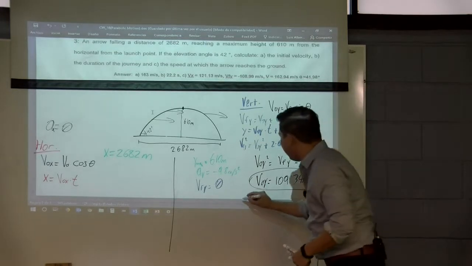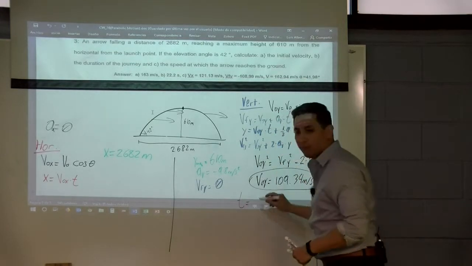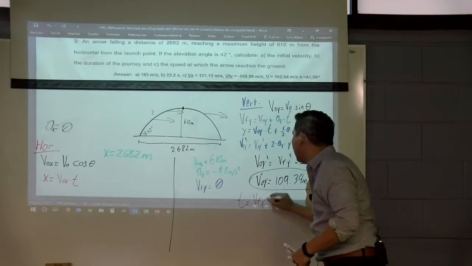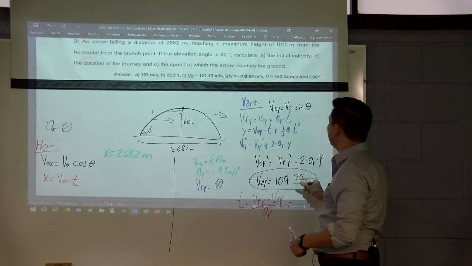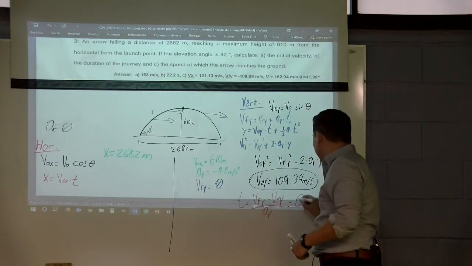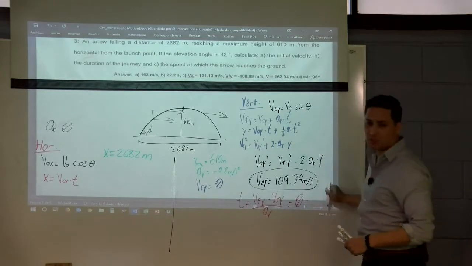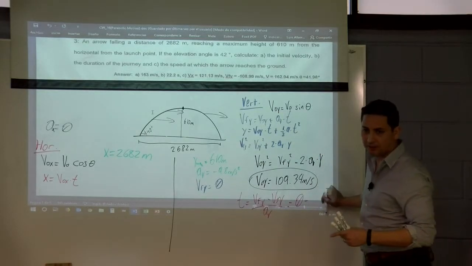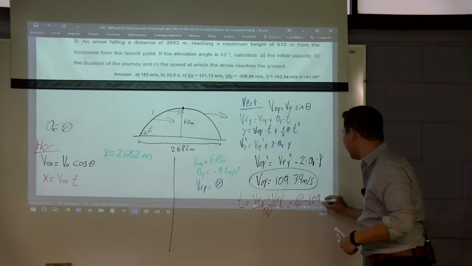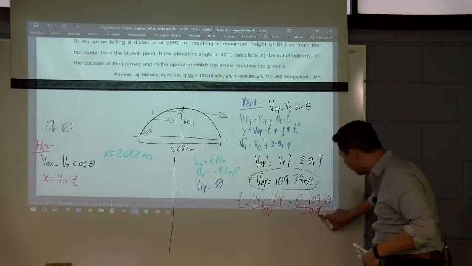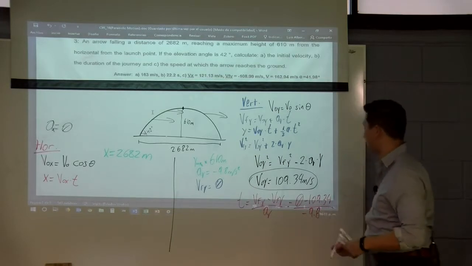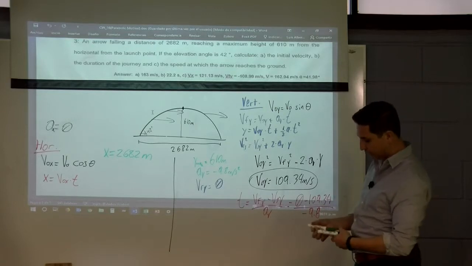So the time, if I isolate it from the first kinematic equation, will be final minus initial divided by acceleration. This will be final 0 minus initial, the one that we calculated here, divided by the acceleration due to gravity, minus 9.8.